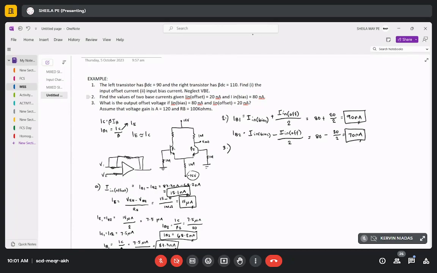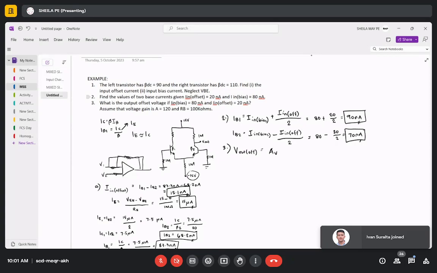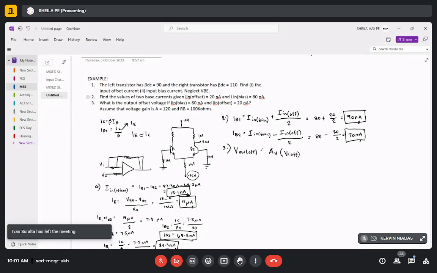Now, in finding our output offset voltage, we have the formula: output offset voltage is equal to a certain voltage gain multiplied by input offset voltage. Right. So that's the formula.